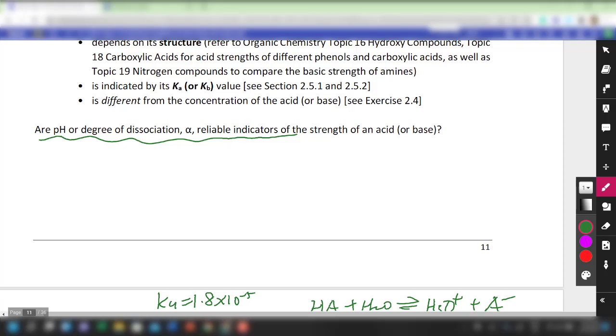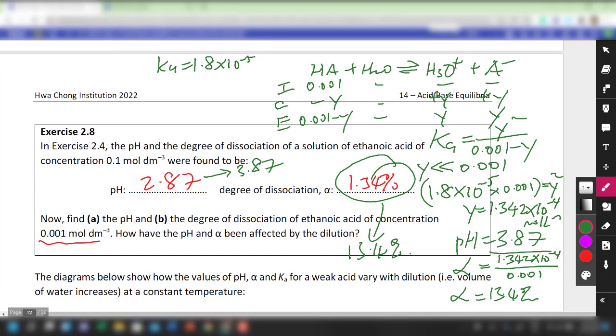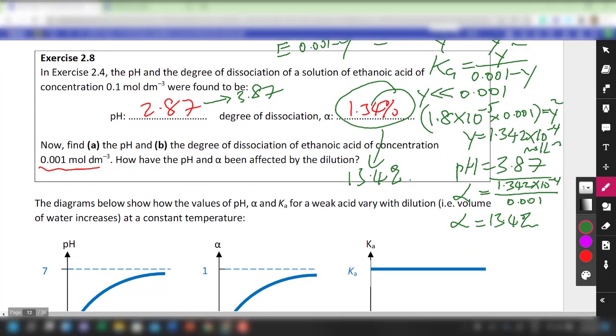So that's something you might want to be aware of. Therefore you could use pH, or extent of dissociation, to help you decide which is a stronger or weaker acid, but that's provided that the initial concentrations of all the acids, or all the weak bases, which you want to compare are similar. Maybe I wouldn't say the same, but similar.